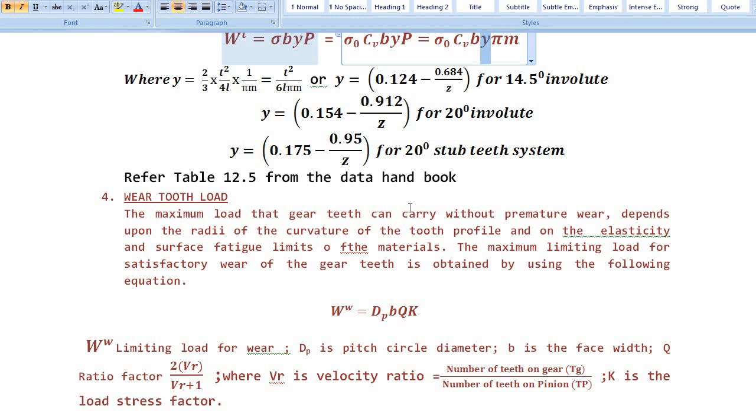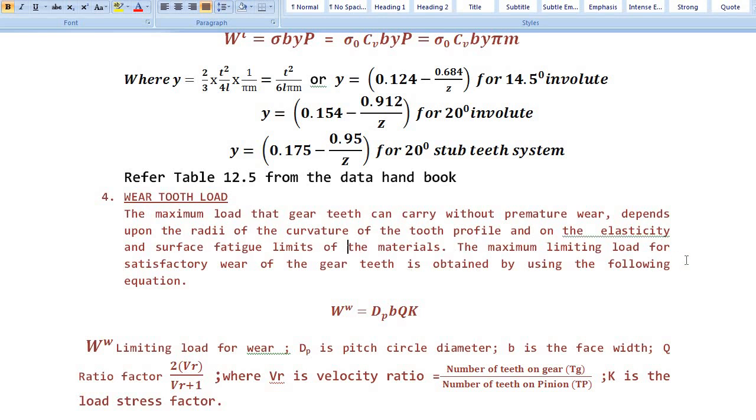And wear tooth load is another load carrying capacity, without premature wear. That is the maximum load that the gear teeth can carry without premature wear, and it depends upon the radius of curvature of the tooth profile and on the elastic and surface fatigue limits of the material.